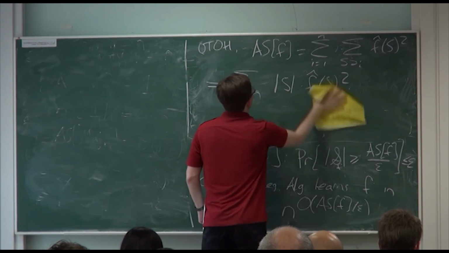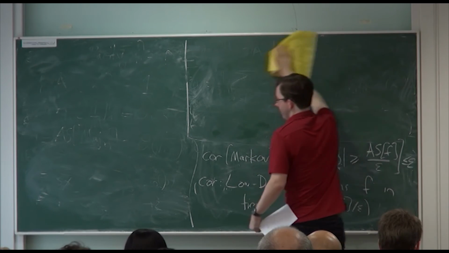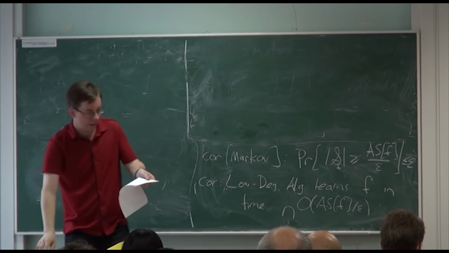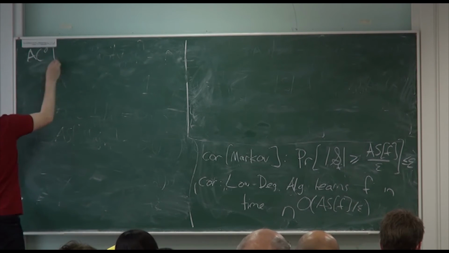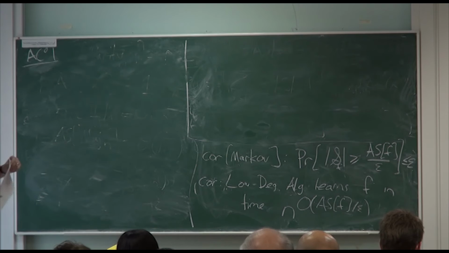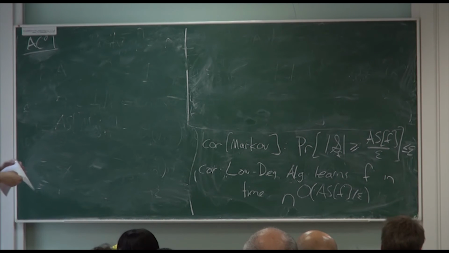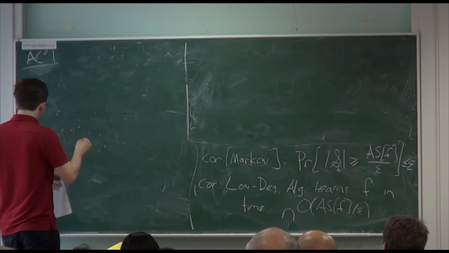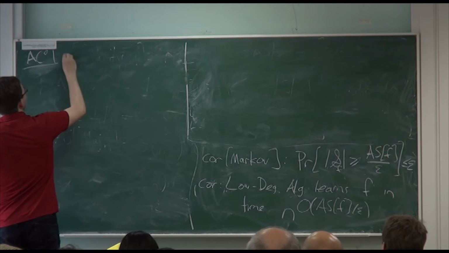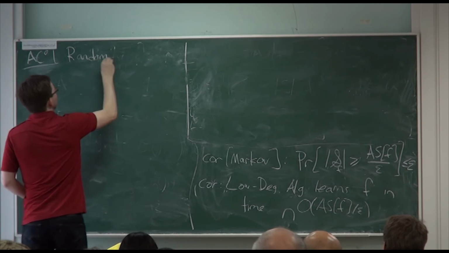So I'll tell you the same story for AC0. We want to learn AC0, constant depth AND/OR/NOT circuits. Great. So let's recall, I'll use slightly different notation, but we have this notion of random restrictions.